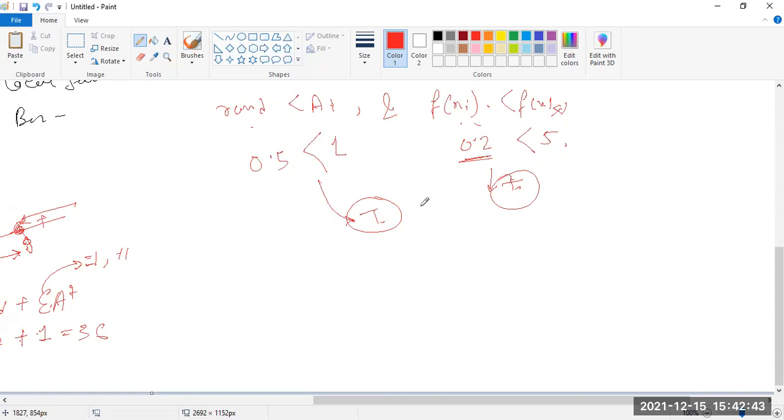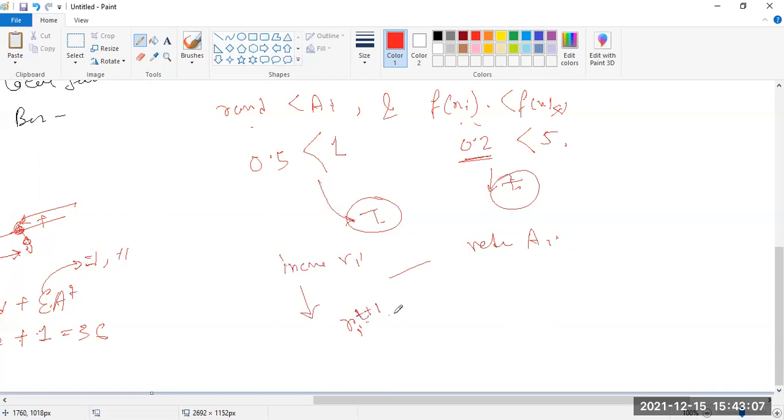Else, increase Ri and reduce Ai. If this is satisfied, then we have to increment this. So ultimately, what will be the formula of Ri? This is the first time we are operating this.